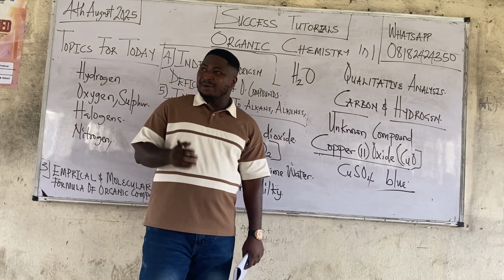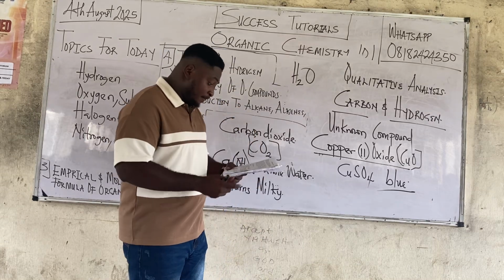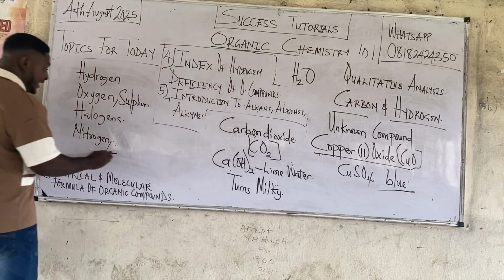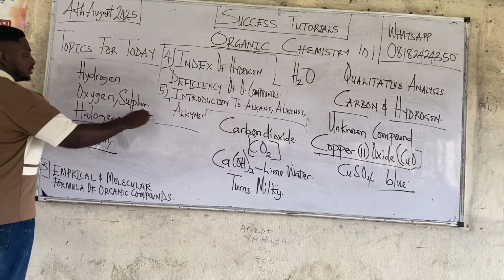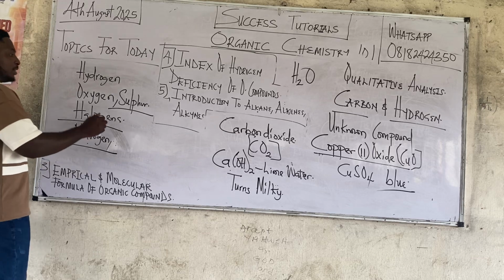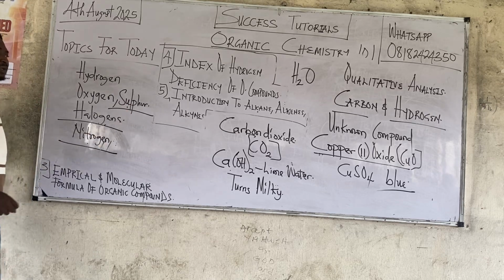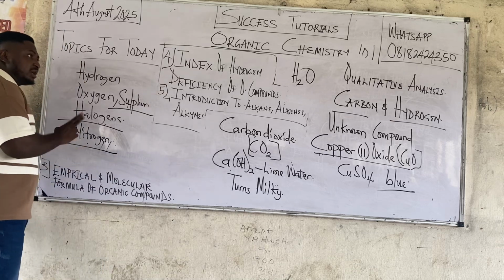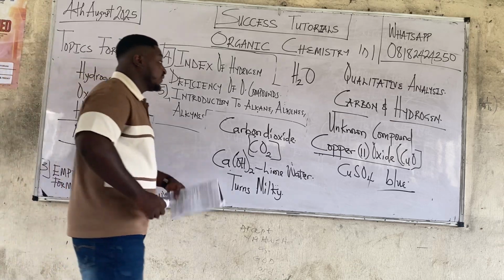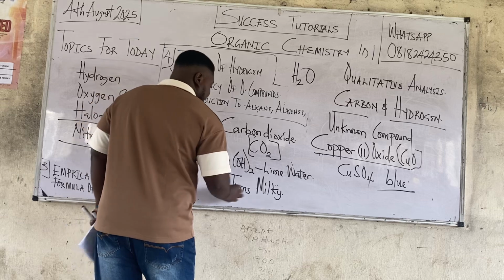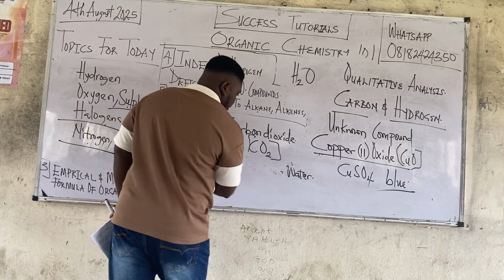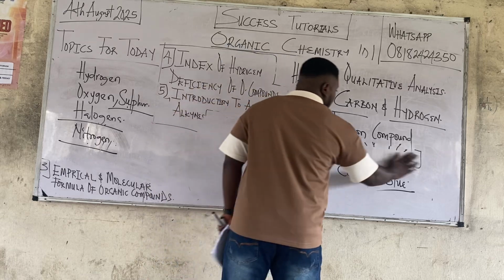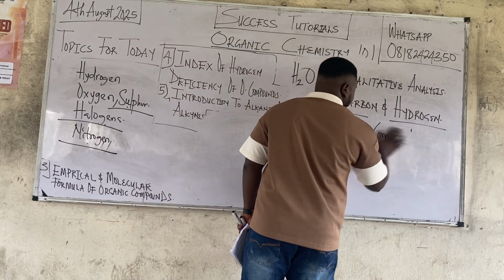We have just tested for carbon and hydrogen. Let's now go to the test for nitrogen, halogen, and sulfur. Remember that the other elements we need to test for are nitrogen, halogen, and sulfur. Let us test if these three are present.